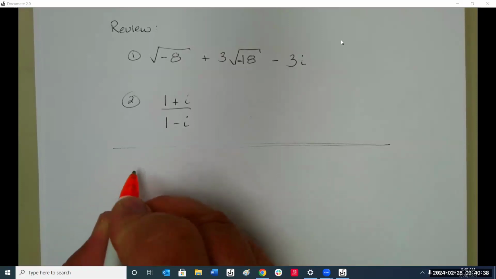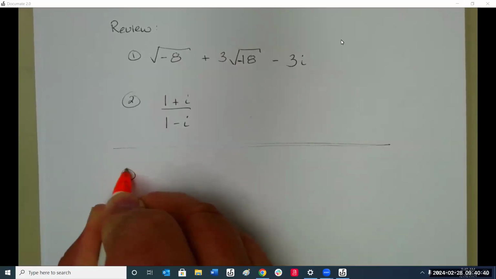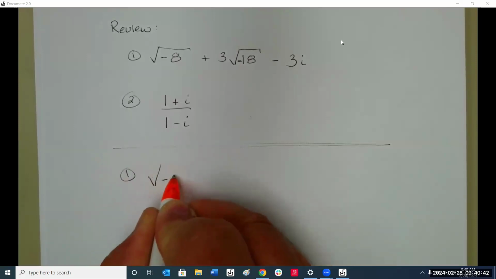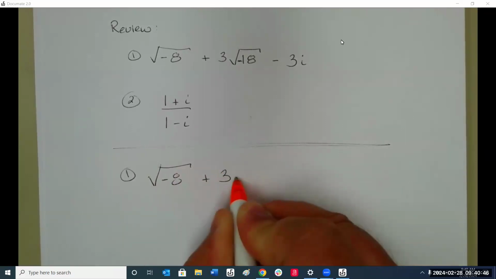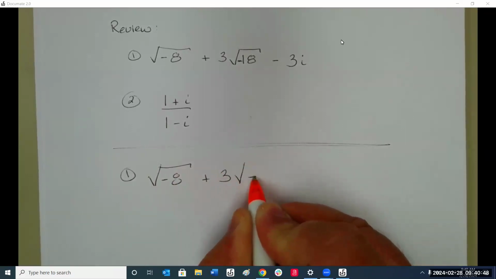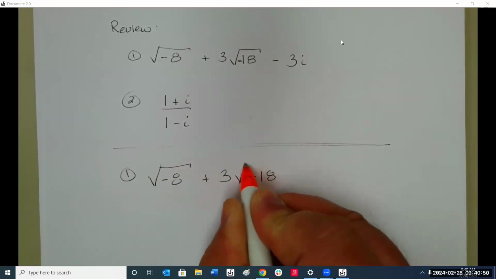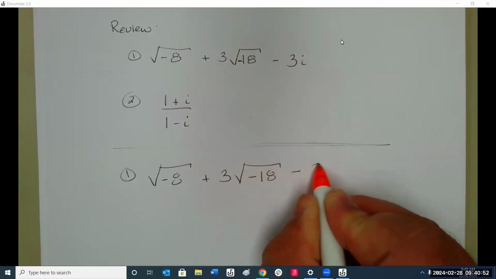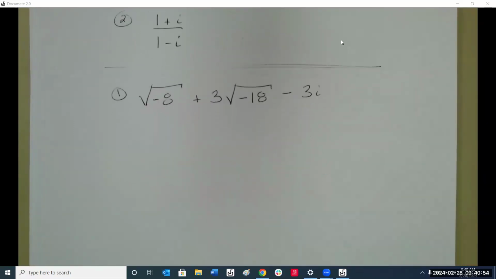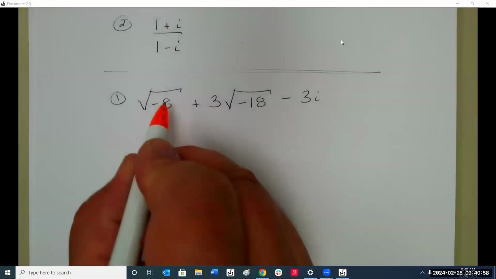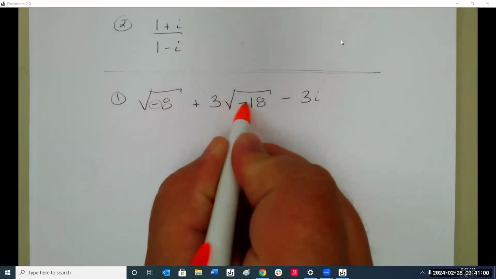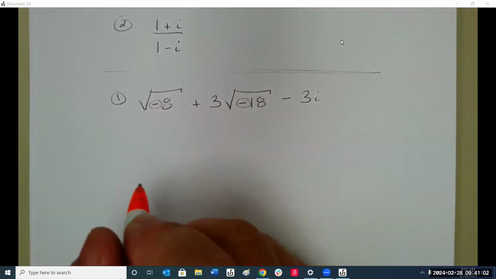All right, let's see. So for the first one, we have square root of -8, 3 square root of -18 minus 3i. Because those are negatives inside square roots, what do we do with them?